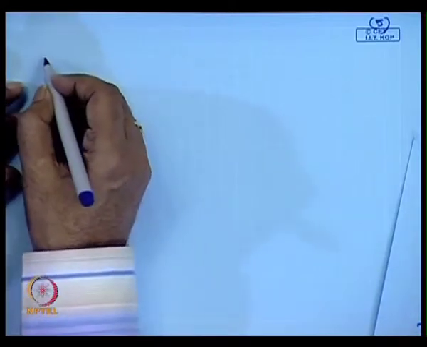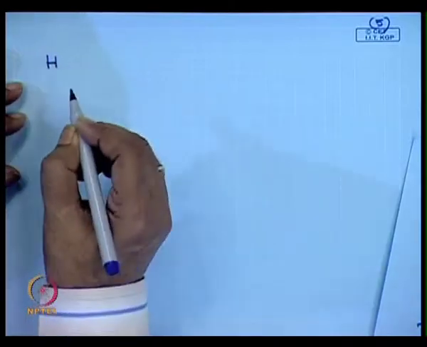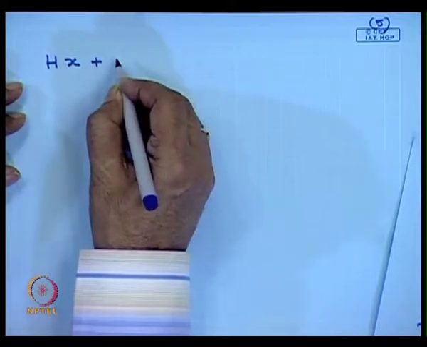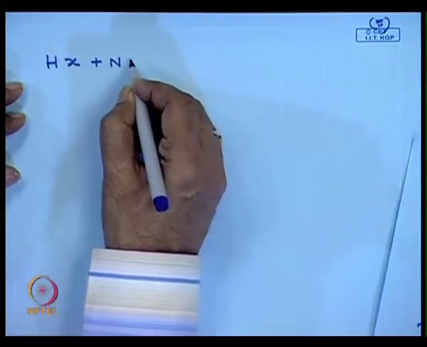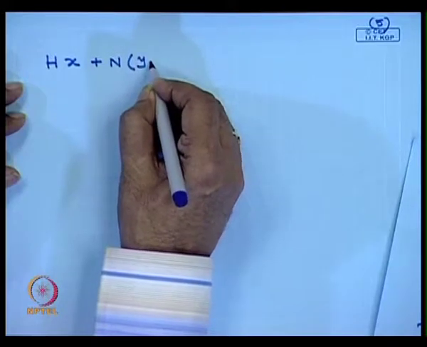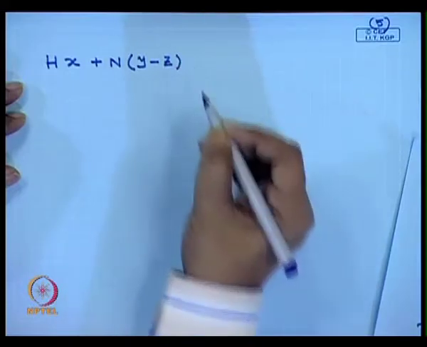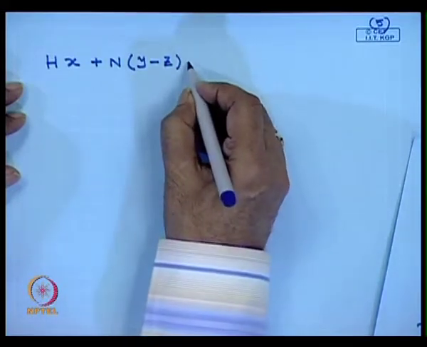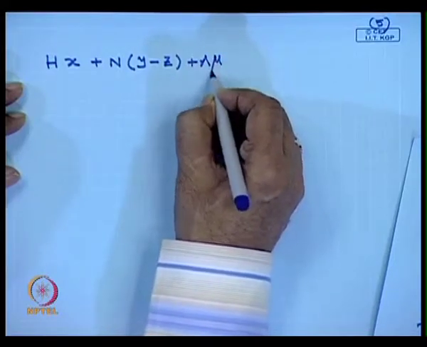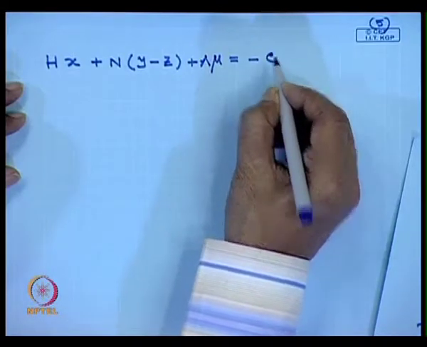Let us call it the first necessary condition: H into x plus N into lambda, where lambda is y minus z, plus A mu is equal to minus c, agree.